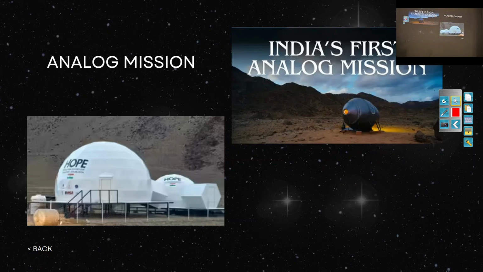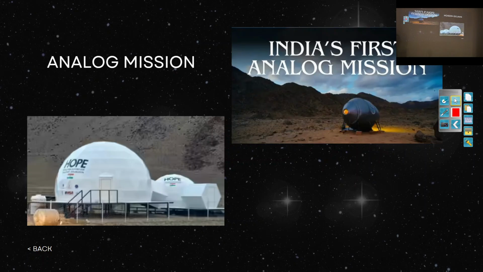Next we have this analog mission. The analog mission is in the Ladakh region, where the conditions are very extreme. There is a valley called Somore Valley. There, the oxygen level is very low, and the conditions resemble the Mars atmosphere.